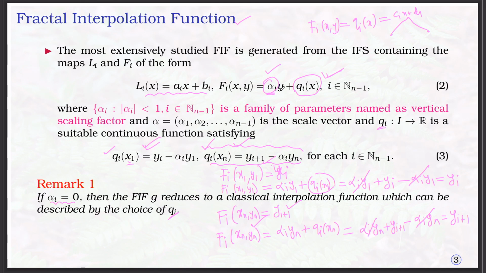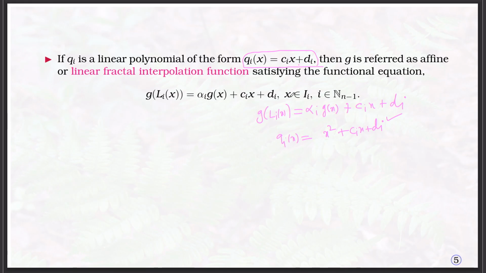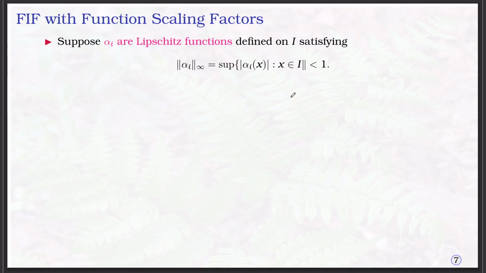Now this alpha i, if we choose some special case, we can get a smoother approximation, which I will explain now. Suppose alpha i are Lipschitz functions defined on I, where I is the closed interval x1 to xn.